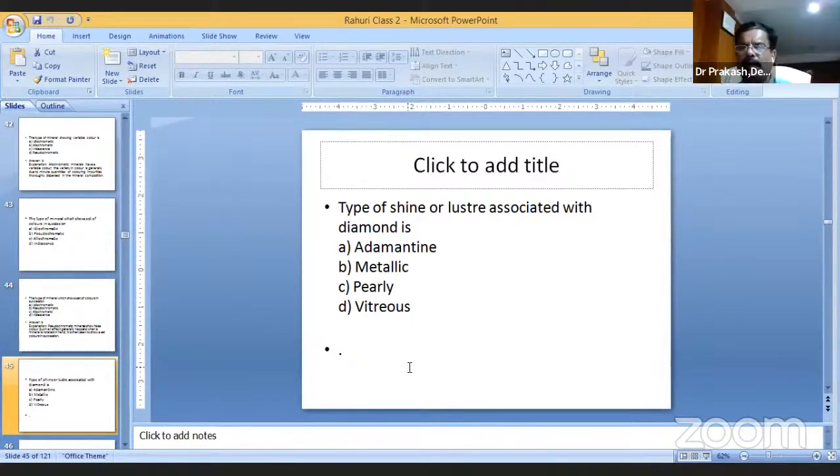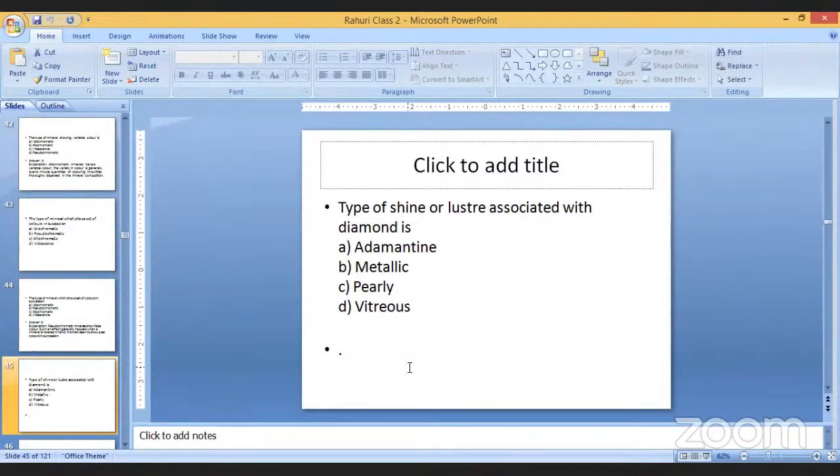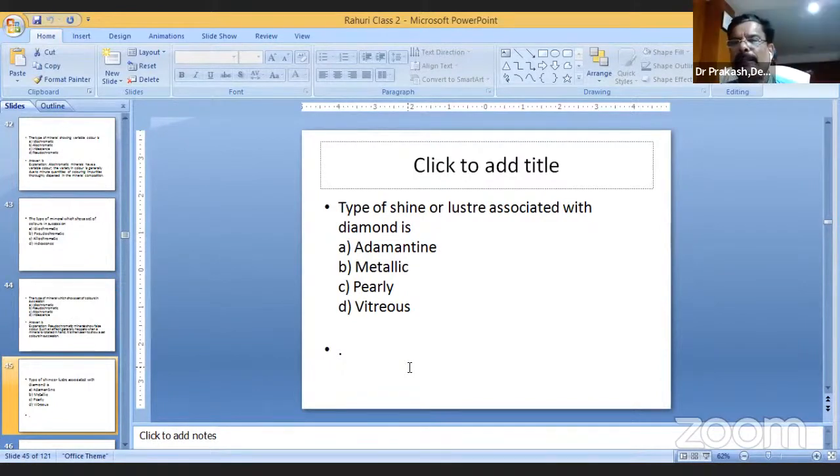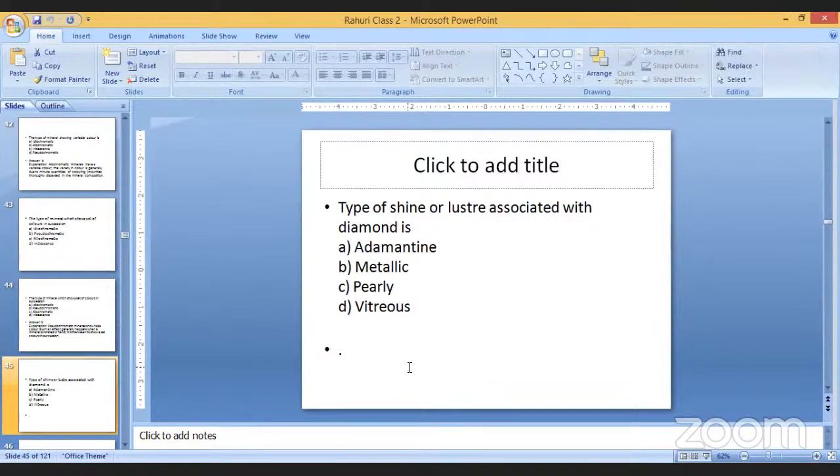Probably all of you have seen some movies where the villain is holding some diamonds. As soon as he holds diamonds in his hand, they put starlight-like effects to show that it is exceedingly brilliant. So adamantine luster is the answer for this.